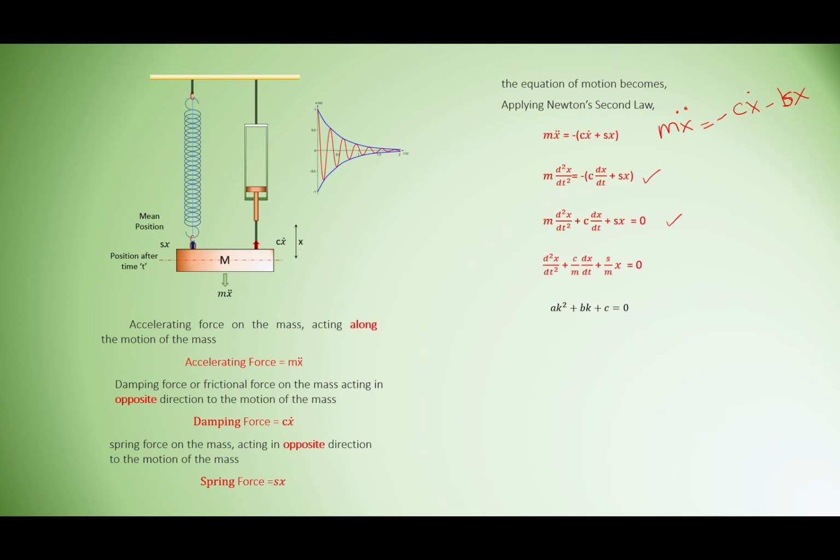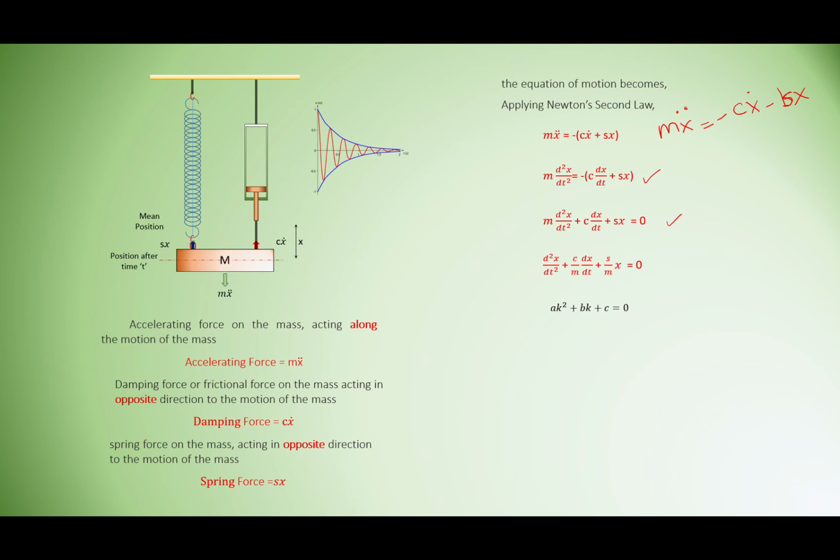For example, I can let k squared be d squared x over dt squared, k to the power of 1 as dx over dt, and k to the power of 0 as x. A is for the mass, B is for the damping coefficient, and C is for the spring stiffness. In this case, I let it be like that. As you can see, this is a quadratic equation.